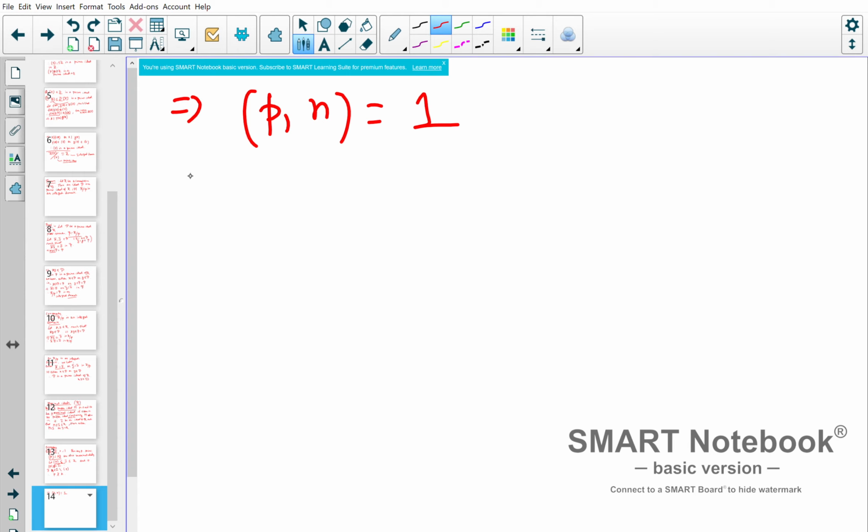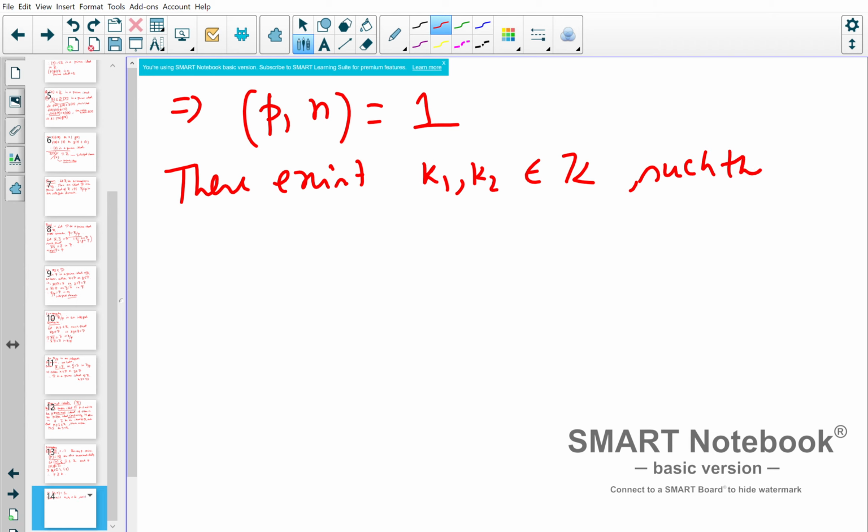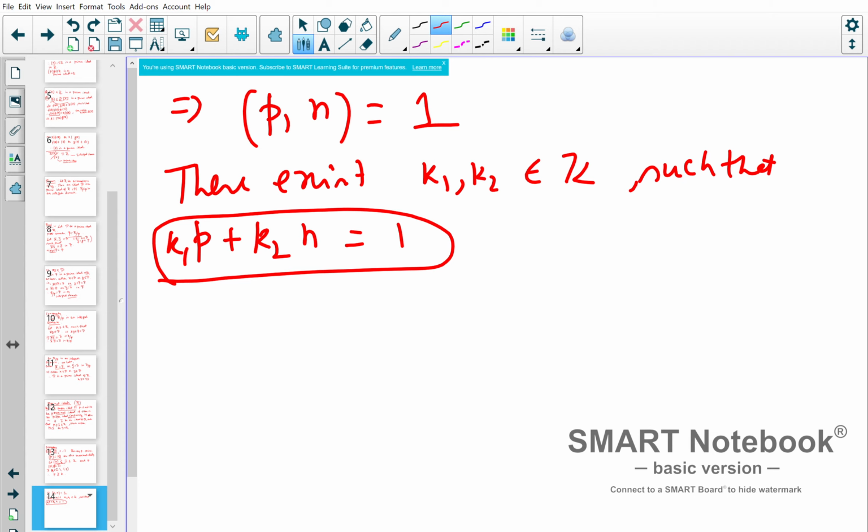So what does that mean? That means you can use the Bézout lemma. The Bézout lemma tells you that there exist integers k1, k2 belonging to Z such that k1p plus k2n equals 1, right? This is the idea we use many times.